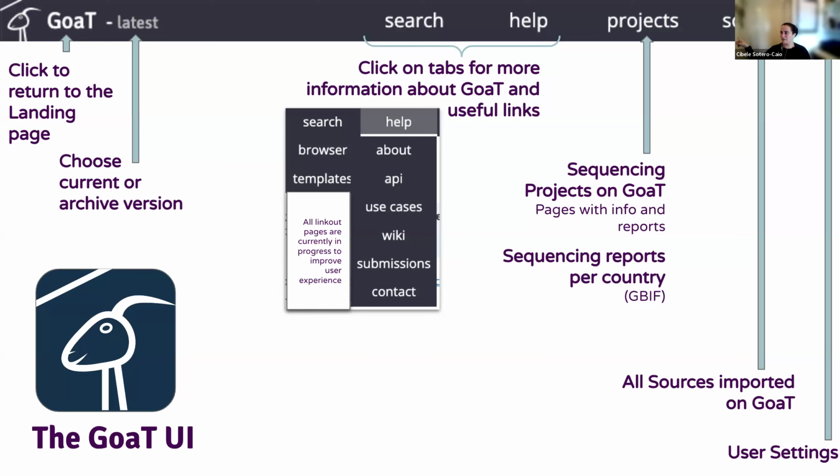So if you say there are 300 species of crab sequenced, of course, if you click on the link, it will show you the data live. But if you click a link and you select a version in the past, actually the link will already have the version, and it takes you to those 300 species. So it's really cool because you can play with GOAT how it looked like before.